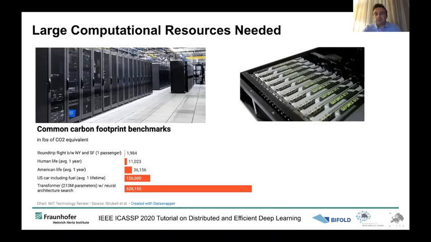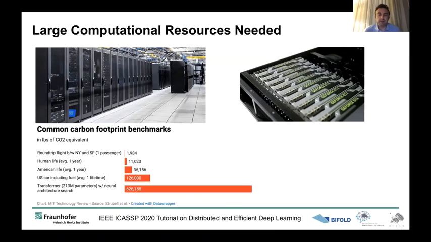Also, at the same time, there was a recent study which compared the carbon footprint of a deep learning model, for example a very complex transformer model trained with neural architecture search, which is trained nowadays for solving complex NLP tasks.